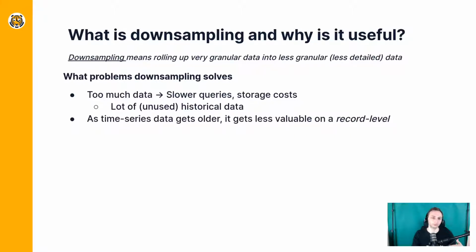So for example, in the case of stocks data, let's say you are collecting data every minute. So for every minute, you have one row getting ingested, and over time, you might not care about that one specific row, but you care about it right now.